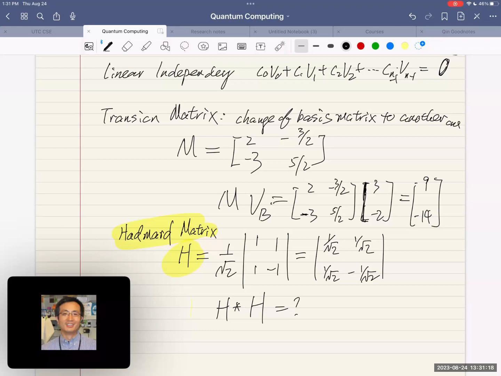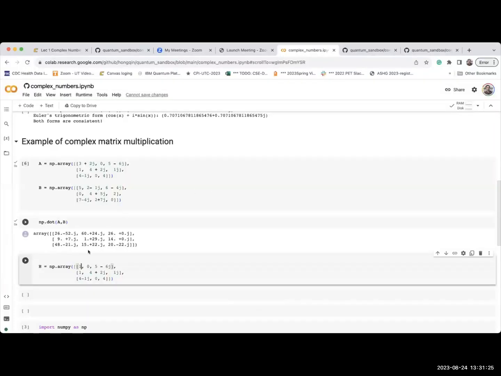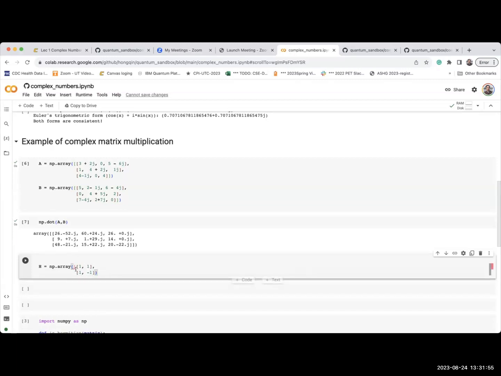Oh, sorry, I wasn't sharing the right screen. 1, 1, 1, minus 1.